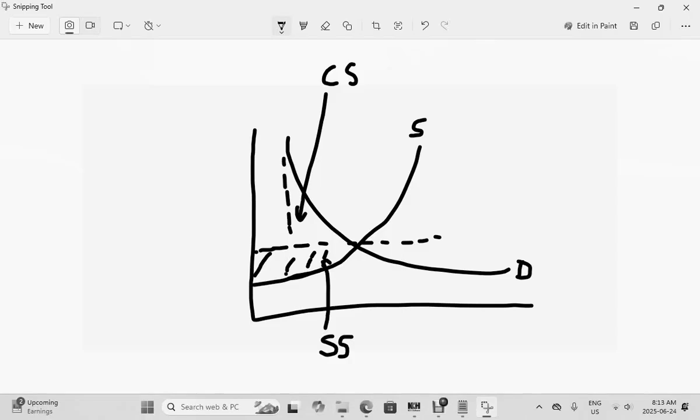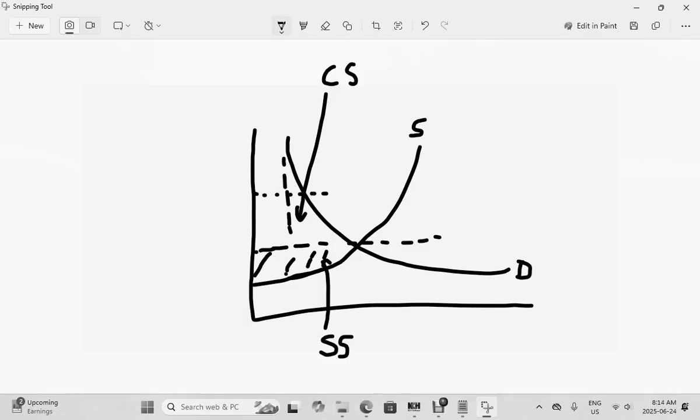All right, now if the government was to go ahead and regulate the prices and for some reason set a price ceiling, your price ceiling will be above the equilibrium point. Let's assume that this is your price ceiling.